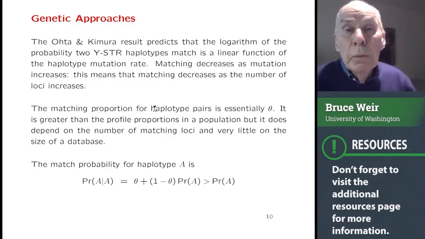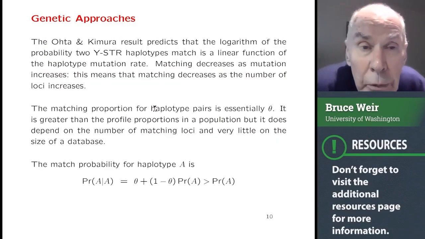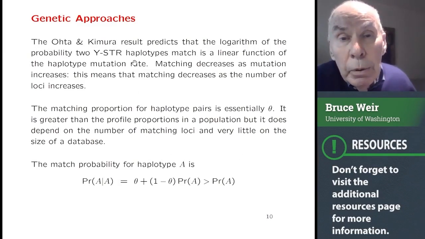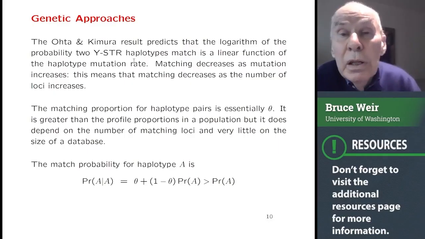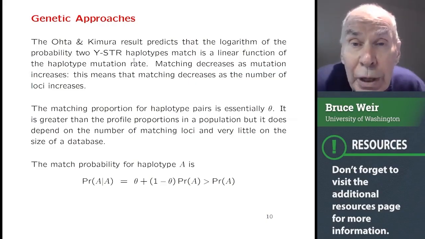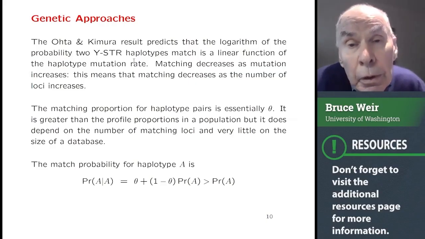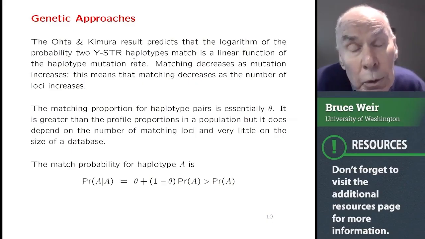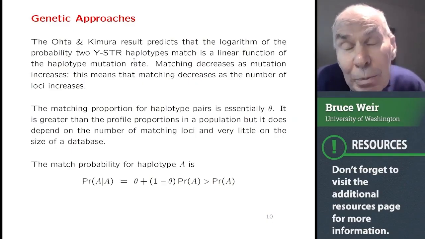So the prediction from this theory is that the logarithm of the chance of two Y-STR haplotypes matching is a linear function of the mutation rate. And it goes down. So the more mutation there is, the less is the chance that two haplotypes will match. So, of course, mutation increases with the number of loci.